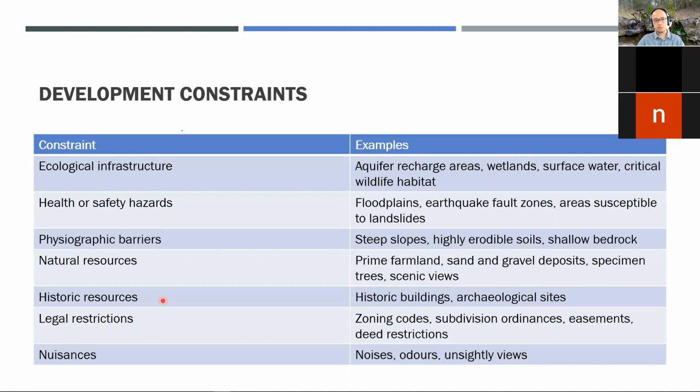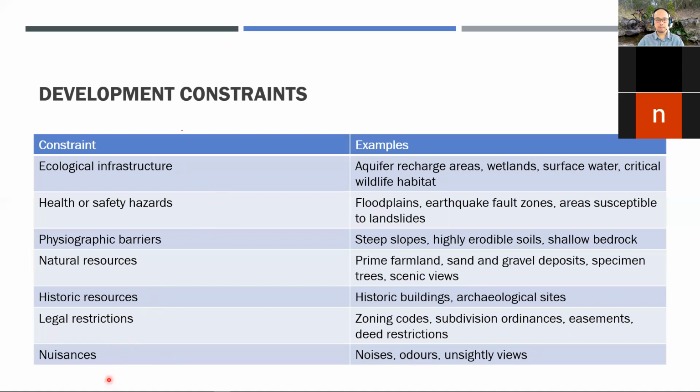There could be historic constraints or cultural constraints, like heritage and legal restrictions, and there could be constraints of other nuisances such as noise, undesirable odors, or unsightly views. This is not an extensive list of development constraints.